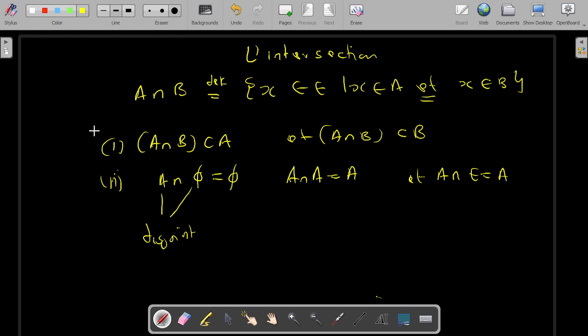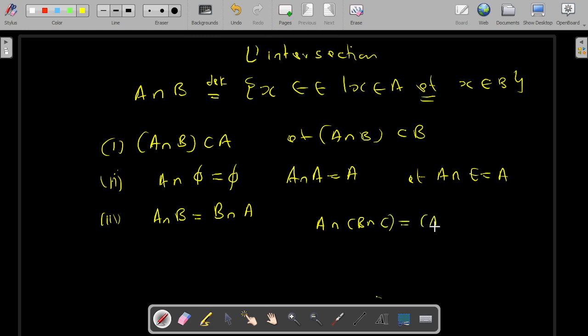All right. Now the third property that we're going to look at is that of associativity and commutativity. Just like the union of sets, the intersection of sets is also commutative. So A intersection B is going to be equal to B intersection A. Remember, whenever you can switch positions, you're talking about commutativity. And if you have any three sets, we're going to have the property of associativity.